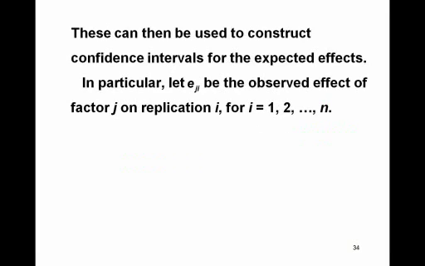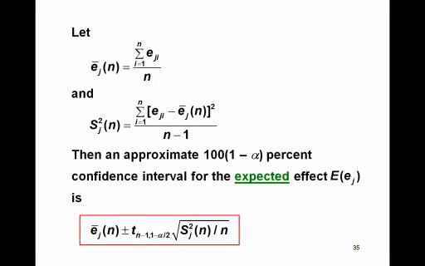Let's see mathematically what I mean by this. Let E sub j sub i be the observed effect of factor j on replication i. Then we can take the usual sample mean based on our n replicates.